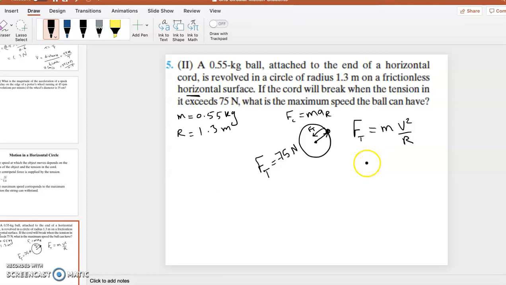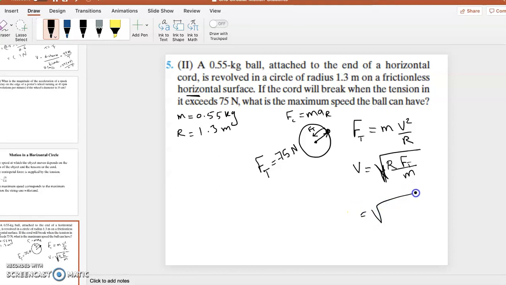I will not memorize the other equation for velocity, because from here I can say v is equal to the square root of r F_T divided by m. So this is the maximum velocity that the ball can have.